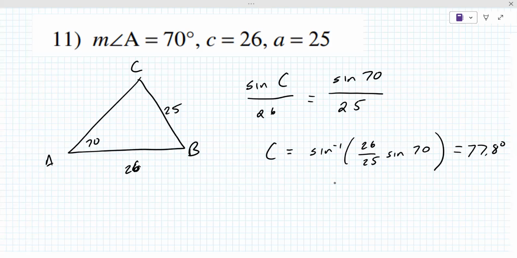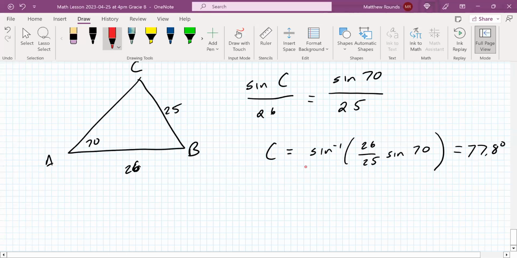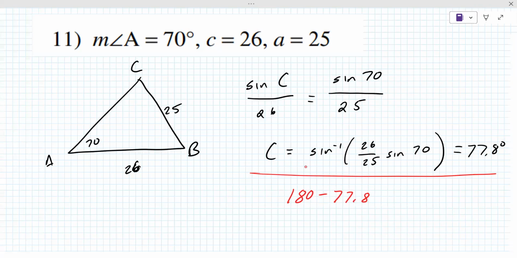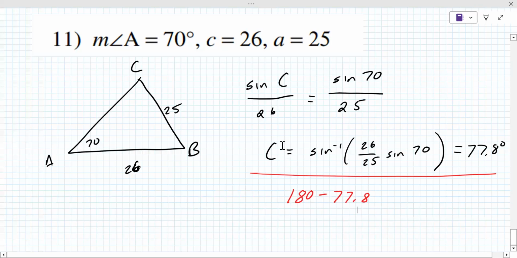Okay. Now this is completely non-obvious, but this is what you now do. You take that angle you just found and you subtract it from 180. Okay, and I hope you get 102.2.